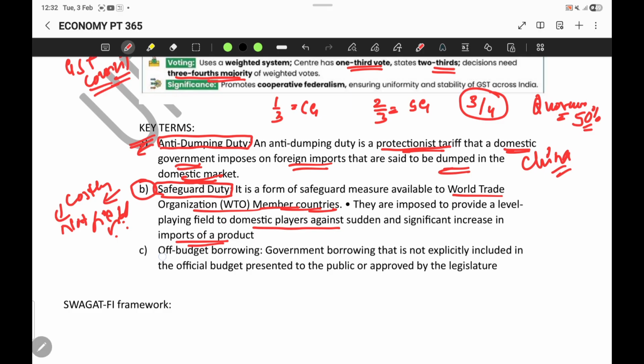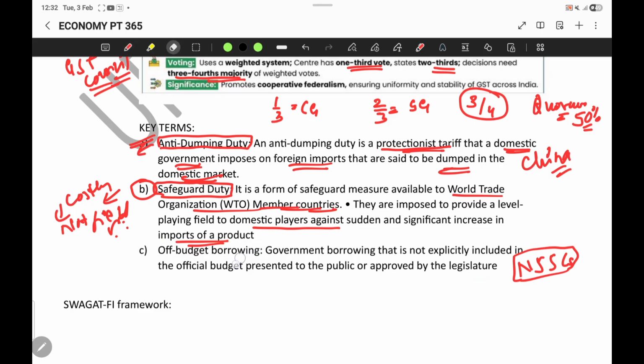Thirdly, there is a term called off budget borrowing. Off budget borrowing, the name itself says it is not in the budget. So remember one thing, the major one is national saving certificates. Okay, you have heard it. National saving certificates is one of the biggest forms of off budget borrowing.